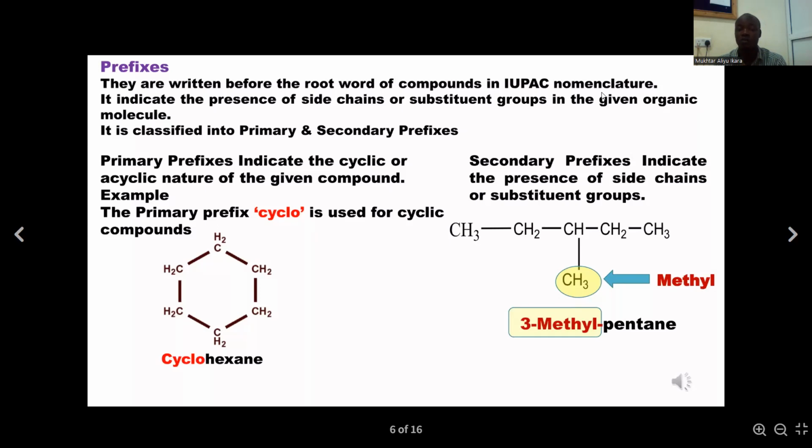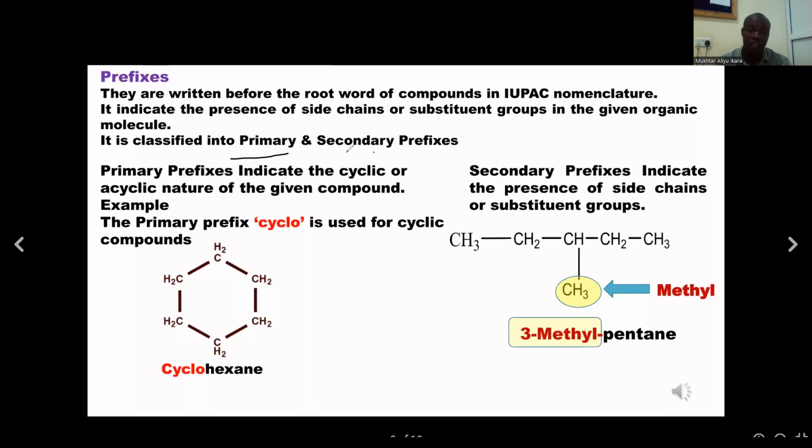So it will give you an idea whether you have a side chain or you have a substituent in the given organic compound. And we have two types of this prefix. We have primary prefix and we have secondary prefix. The primary prefix indicates the cyclic or acyclic nature of the given compound.